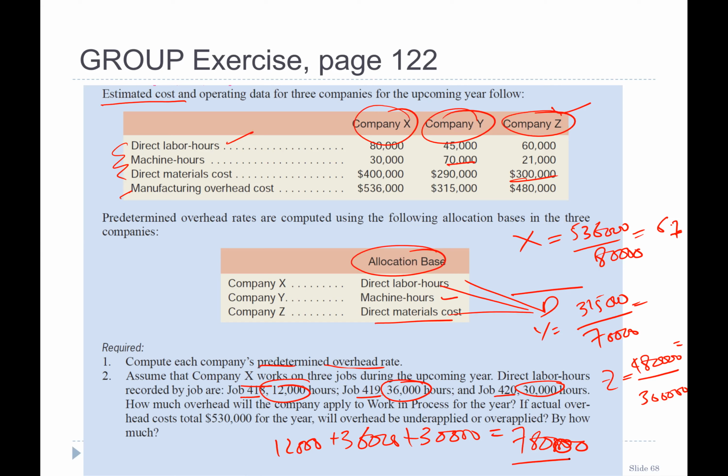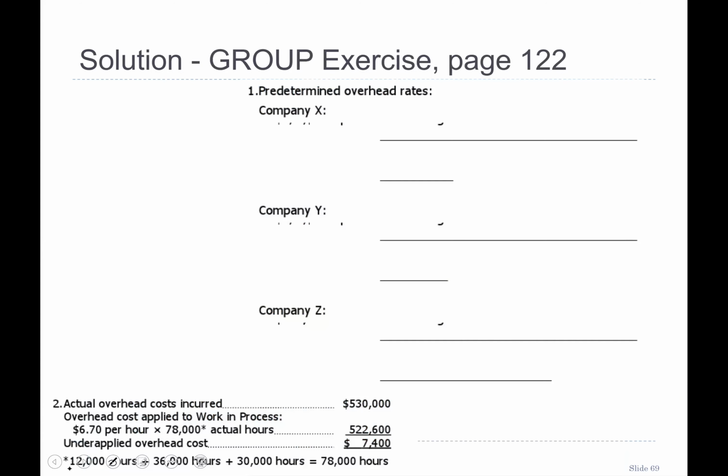The estimated direct labor hours was 80,000 and they consumed 78,000. So this cost we cannot compare unless we make this cost based on 78,000. So we multiply this with 6.7 and here we go, the answer I have put here. The answer would be 522,600.